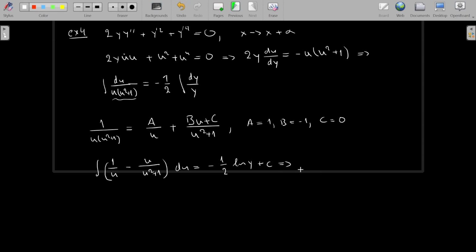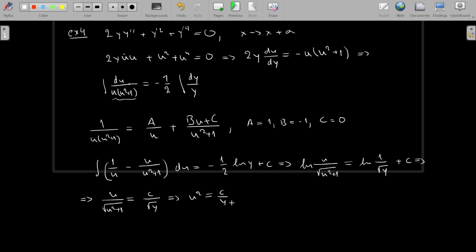So this is written as ln of u over square root of u squared plus 1 is equal to ln of 1 over square root of y, because this goes here and this is the square root, etc., plus a constant, and u over square root of u squared plus 1 is equal to a constant, and squaring everything. This is just some tedious calculations here.